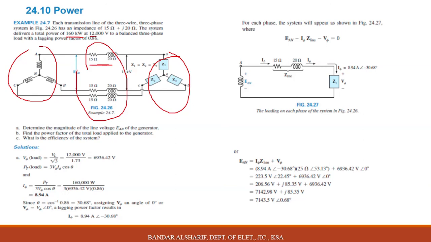About this information, you need to be careful about the voltage mentioned in any three-phase question. How do you decide whether this voltage is line voltage or phase voltage? It is not mentioned here. It is 12,000 volt to a balanced three-phase load. If it is mentioned as line voltage, it is considered line. If it is mentioned as phase voltage, you will consider it a phase voltage. But what if he does not mention either phase or line?